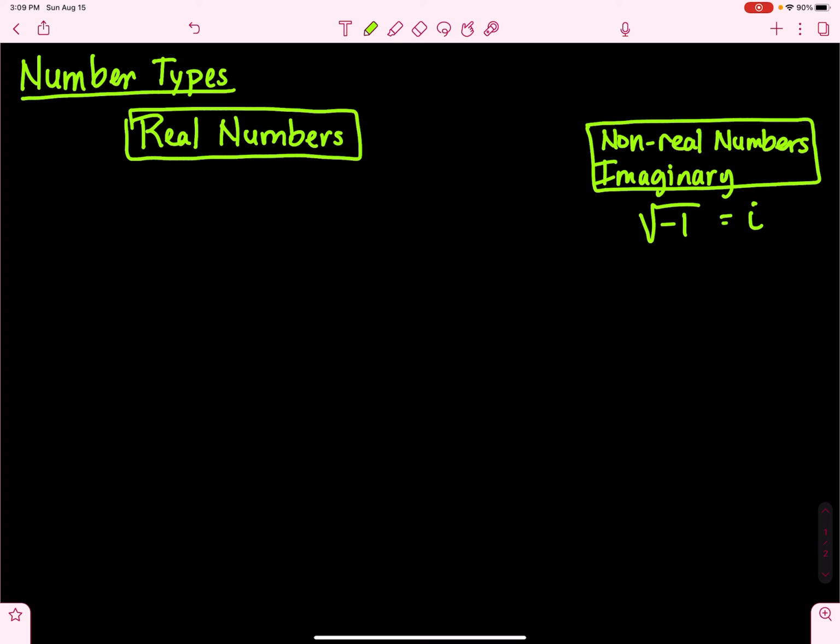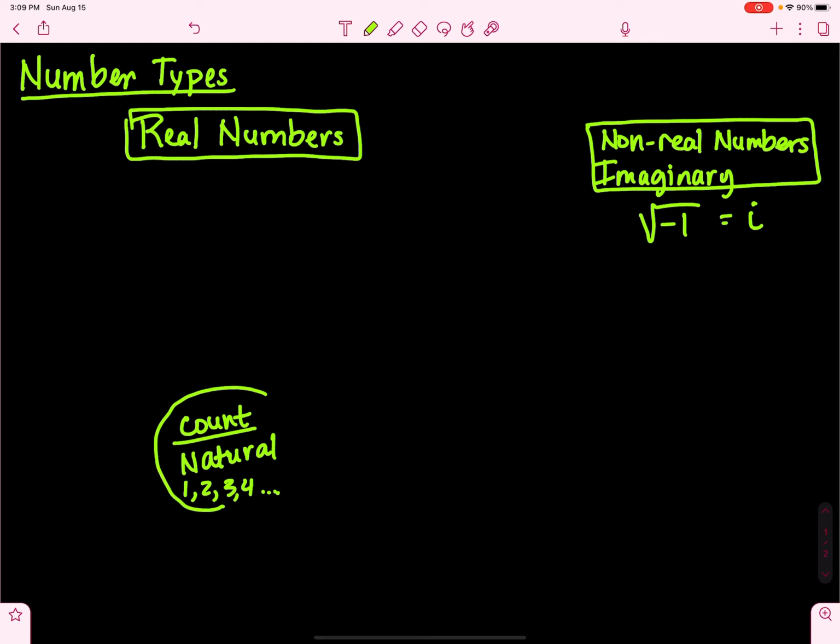So let's start with something very, very basic. When you first learn your numbers, you learn to count, right? So your counting numbers, also known as your natural numbers, well, you start to count with what? 1, right? So you go 1, 2, 3, 4, etc. So your counting numbers or your natural numbers, that's always where we're going to start, right here.